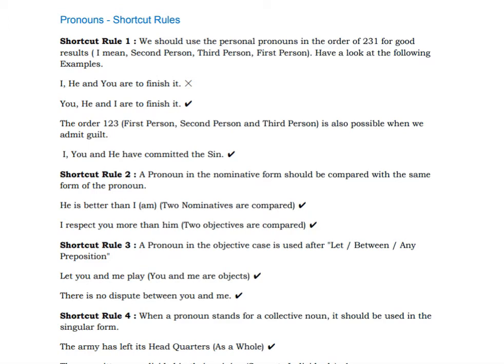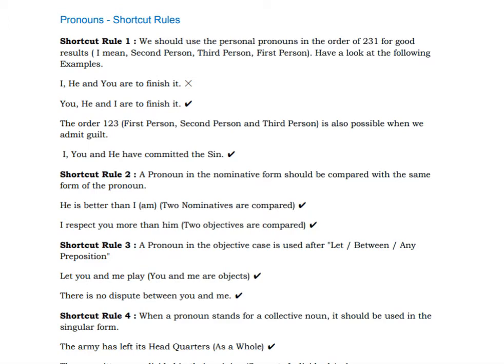A pronoun in the nominative form should be compared with the same form of the pronoun. If the pronoun is in the subjective form or nominative form, it should be compared with the same form. So you can't use some other form, objective form. Now, what is the objective form of I? It is me.